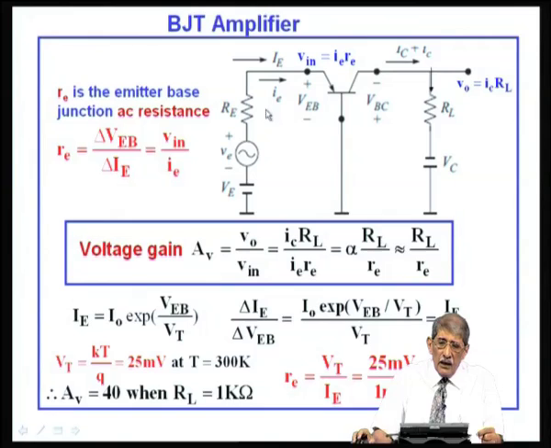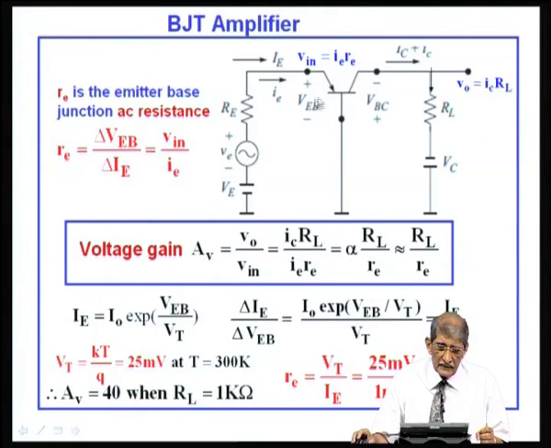How much voltage develops depends upon how much current you pump in. If I pump in some small signal current ie, the drop vin will be equal to ie into re, where re is the junction resistance of this forward biased diode. It is actually the incremental or small signal resistance, which we will see how to find out. This re will actually be small.